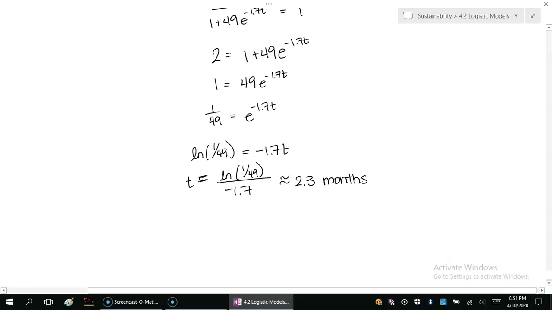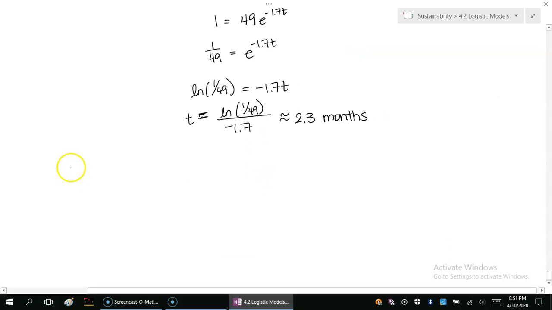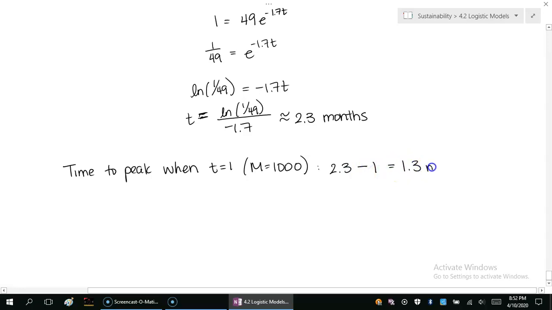So I know when the peak is going to happen. I was looking at the time to peak from 1 month. So the time to peak: well, if I'm at 1 month and I know the peak is going to happen at 2.3 months, then the time between those two is the difference, which is 1.3 months.